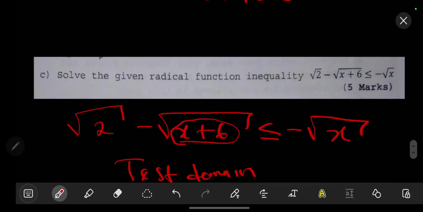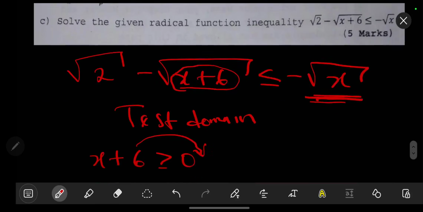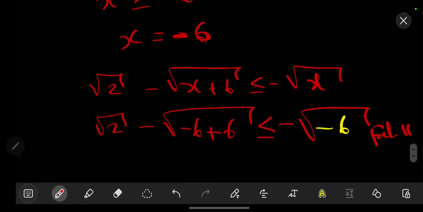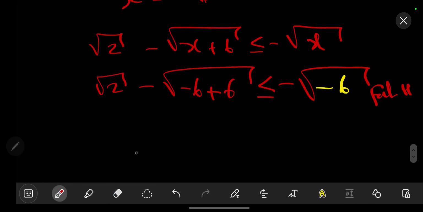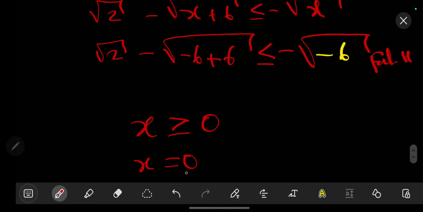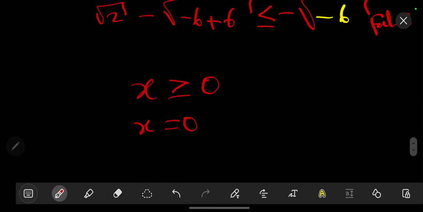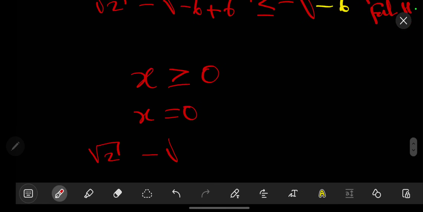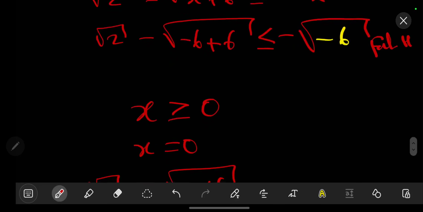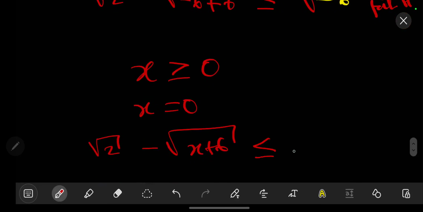You are also going to test the domain for this one where we have our x. Testing the domain for x, we say x is greater than or equal to 0, meaning our x can be equal to 0. If we get our 0, we put it there. We are going to have the square root of 2 minus the square root of x plus 6, less than or equal to negative the root of x.